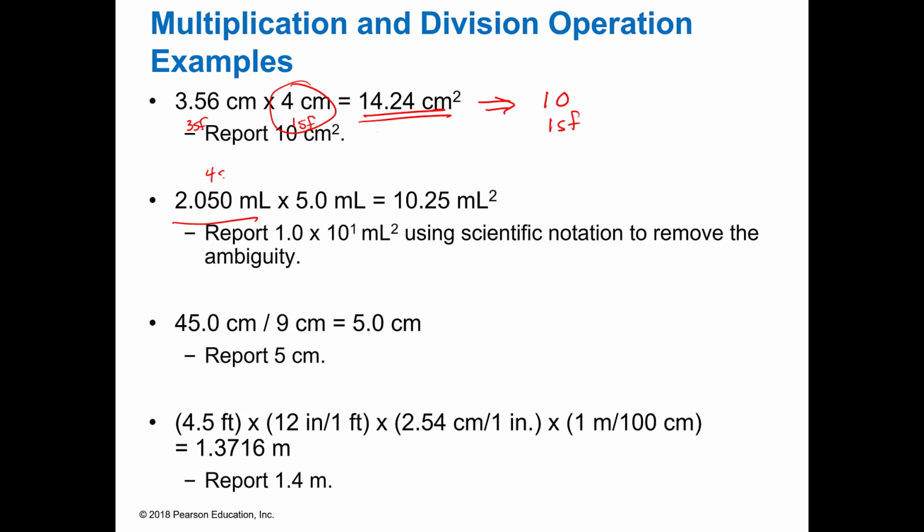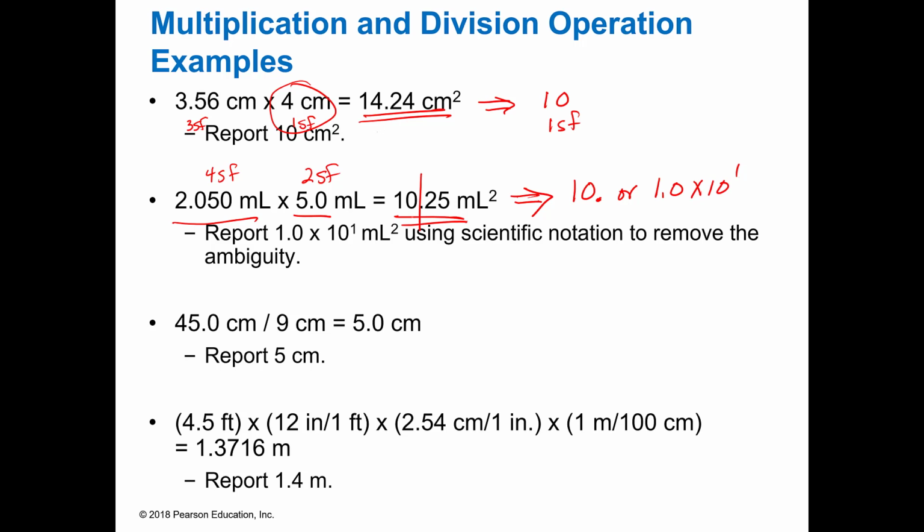2.050 has 4 significant figures times 5.0, which has 2. So my answer is going to have 2. My answer there is also going to be 10, but it's going to be 10.0 or 1.0 times 10 to the first.